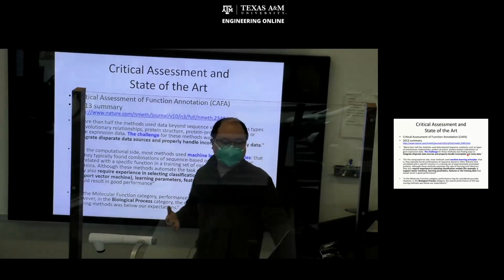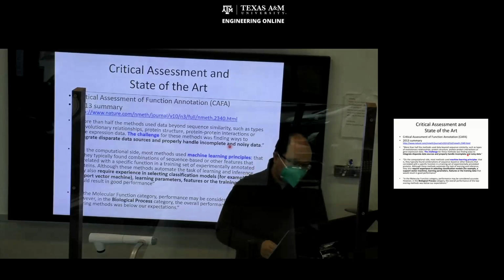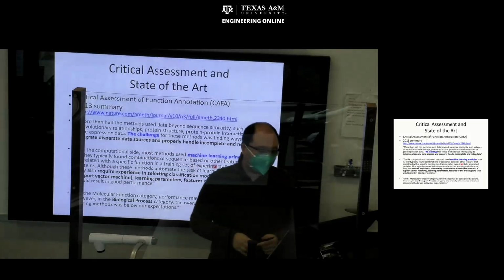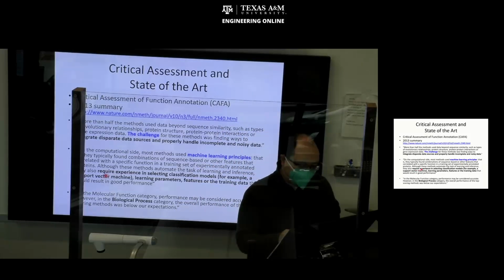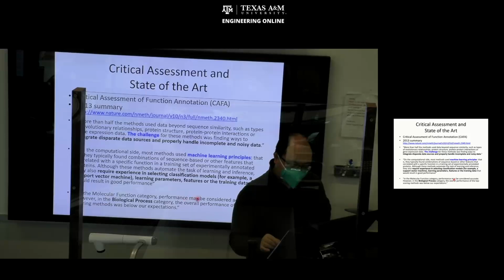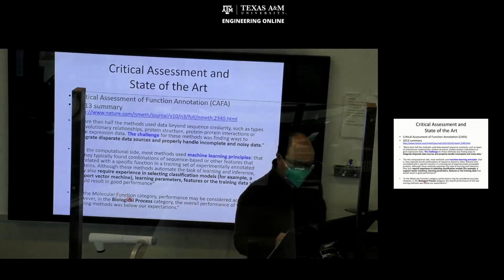Like what I said, right? You cannot just featurize them and concatenate them and just dump them into a generic neural network, right? So most methods on the computational side use a machine learning principle, okay? But they do require experience in the classification models, learning parameters, features of the training set, and so on, right? And among the three categories, performance may be considered accurate for molecular function, which is mostly determined by protein sequences, but in the case of biological process, the overall performance was below, okay?